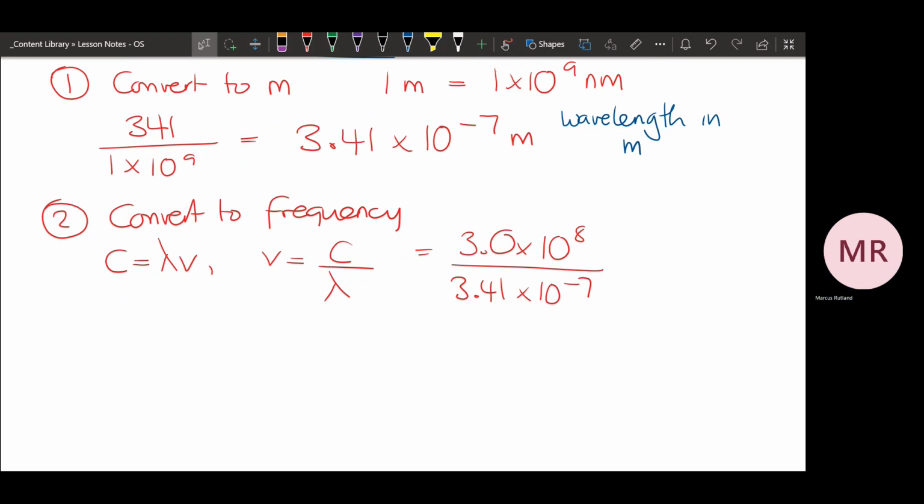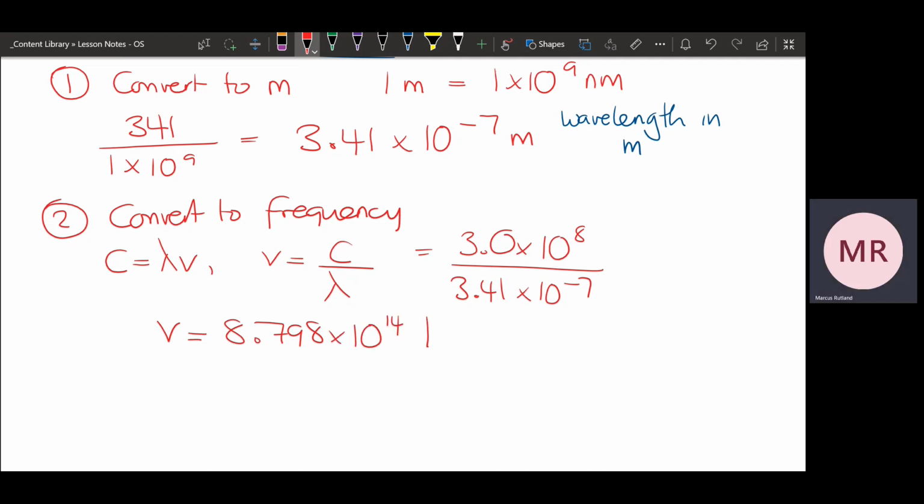And so if I plug that in, 3 times 10 to the 8, divided by 3.41 times 10 to the minus 7, comes out that the frequency that wavelength would represent is 8.798 times 10 to the 14 hertz.